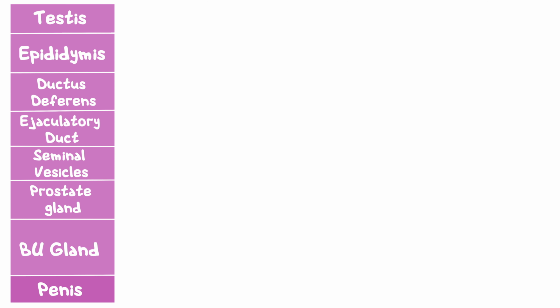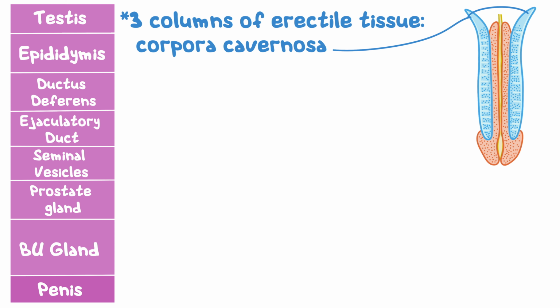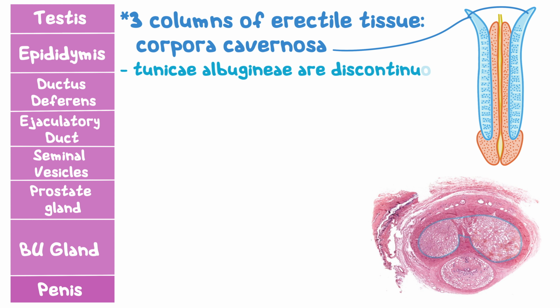The penis is composed of 3 columns of erectile tissue, each enclosed by its own dense fibrous connective tissue capsule, the tunica albuginea. 2 of the columns of erectile tissue, the corpora cavernosa, are positioned dorsally. Their tunica albuginea are discontinuous in places, permitting communication between their erectile tissue.